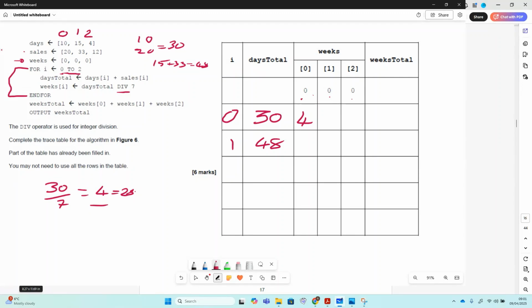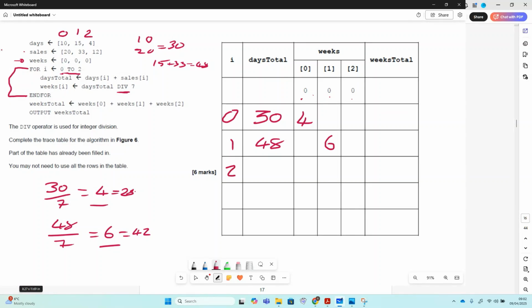And then we need to divide again, div 7, so 48 divided by 7 is 6. So 6 sevens are 42. So we've got a remainder, but we don't worry about the remainder. It's just the 6 that we're interested in. So 6 is going into that one. Weeks at I, yes, we've done that one. So end for, we're back up there.